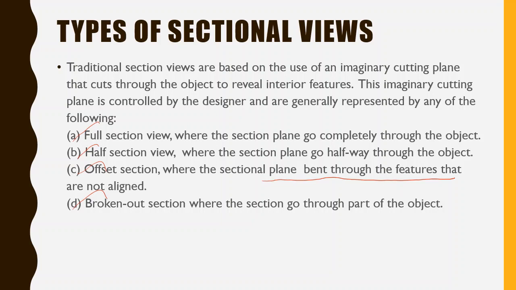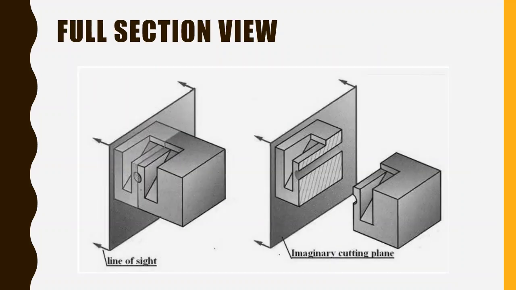So that is offset section. And then broken out section, where the section goes through part of the object. If you want to detail a complicated part inside the mechanical assembly, you need a broken out section view. So let us see with the example one by one.